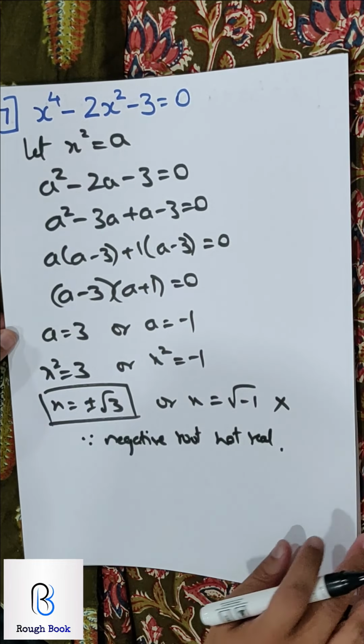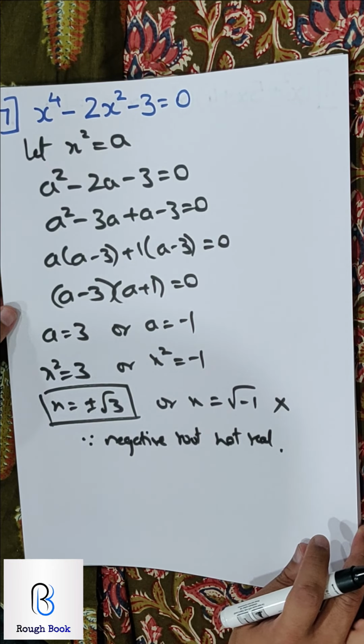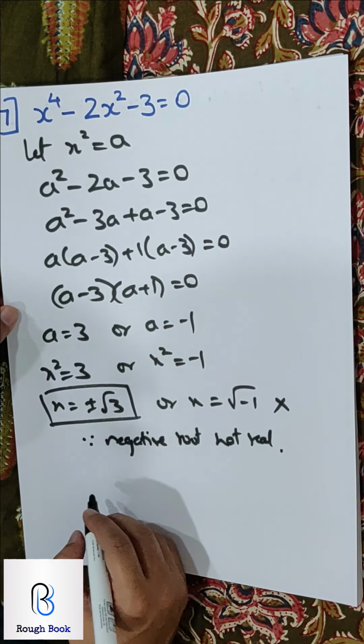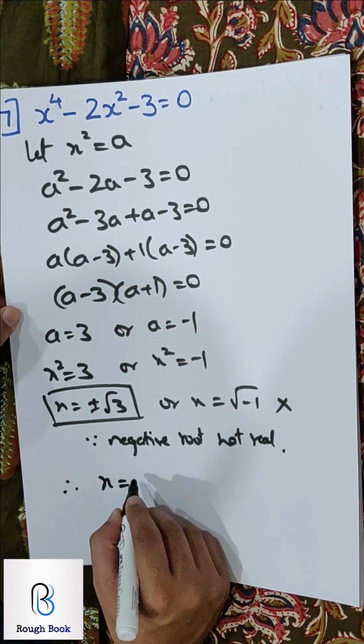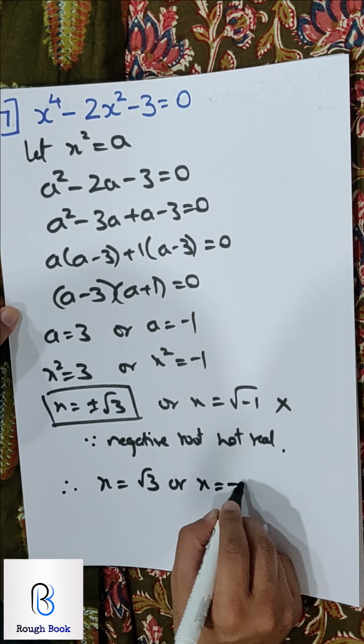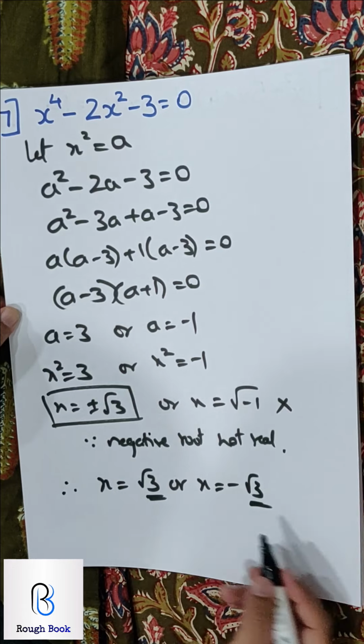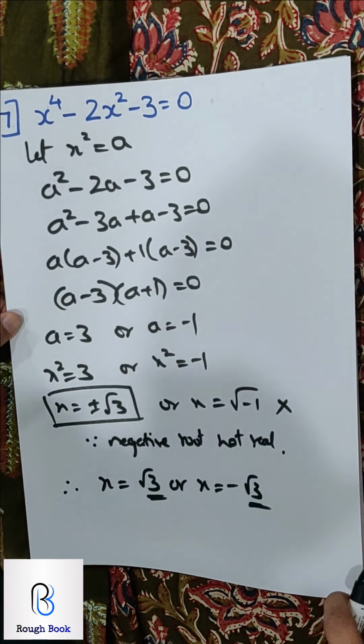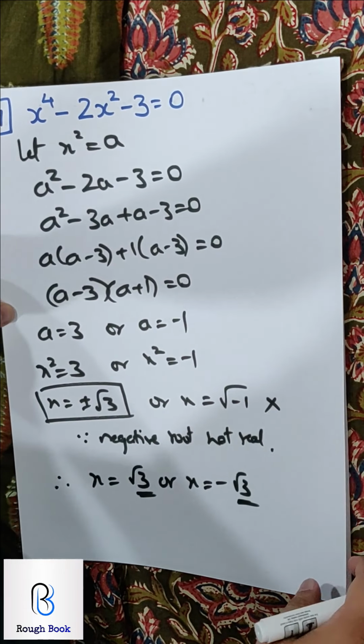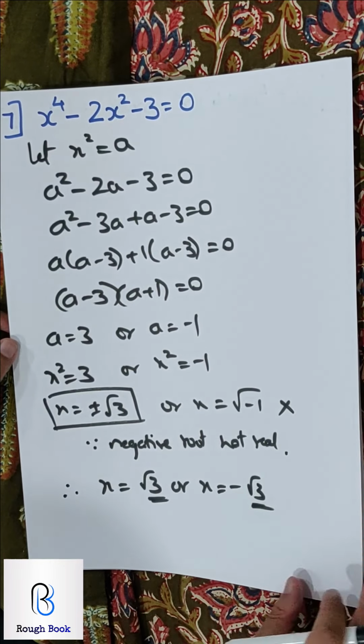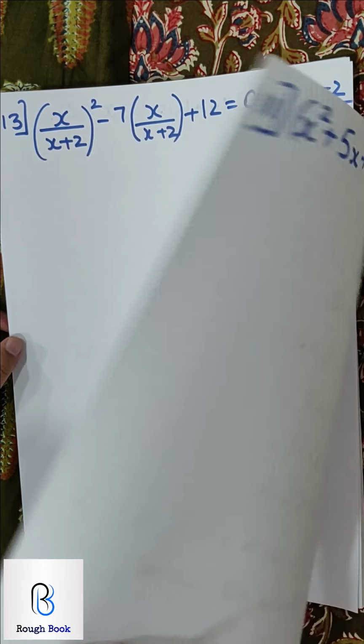So therefore your final answer should be only plus or minus root 3. So x is equal to root 3 or x is equal to negative root 3. If you want to write further, you can write 1.732, but since they have not told us to write it in decimals, you can leave the answer here only, no problem. This also will be accepted.